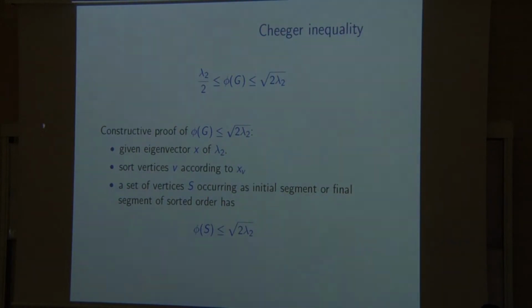Look at all cuts that you get by taking an initial prefix of the sorted sequence as one set in your cut. Among those n-1 cuts, take the one of best conductance. The conductance of this cut will be at most the square root of 2 lambda 2. So that will say that also your graph has conductance at most this much, but this is a set that you can actually find in polynomial time, in whatever time it takes to compute this eigenvector plus a linear or nearly linear time computation.